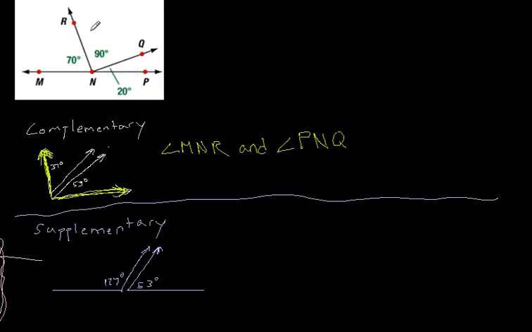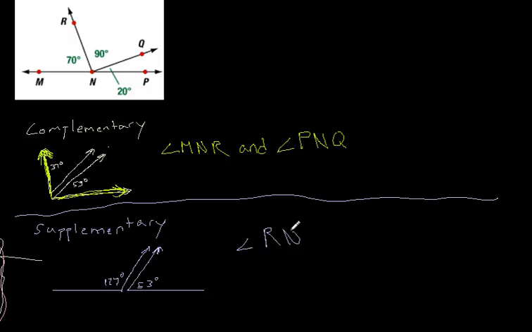Well, how would you go about naming 90 plus 20 and then adding that and creating a sum of 180 when you add it to 70 degrees? Well, let's go and look at this. You would say, well, angle RNP is 110 degrees.